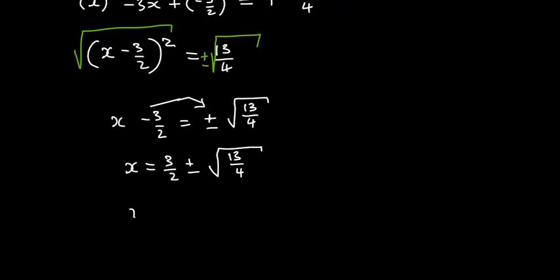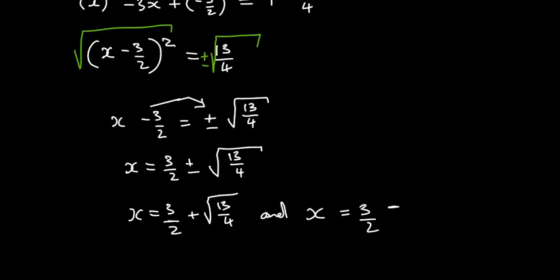Which means that x is either equal to 3 over 2 plus root of 13 over 4, and again x is equal to 3 over 2 minus root of 13 over 4. And then you're going to get your decimal, so your roots in this case are going to be irrational numbers.